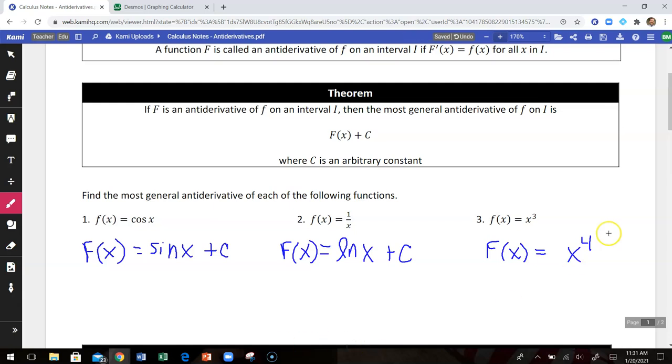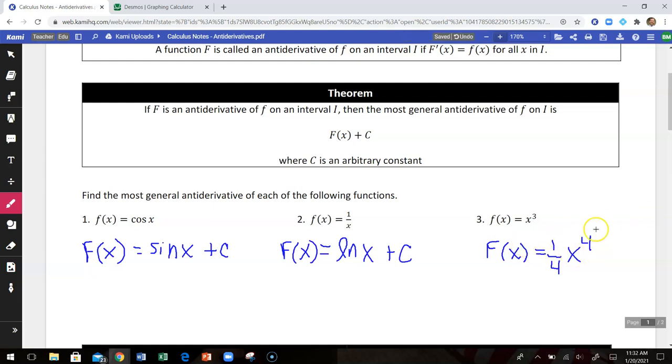Now, if I just said, what's the derivative of x to the fourth, you would say, well, it's 4x to the third. So how do I kind of undo that multiplication there? I want my constant to be 1. And if I were to do the derivative of this, it would be 4x to the third. So what I'm going to do is put the reciprocal of my new exponent out front.